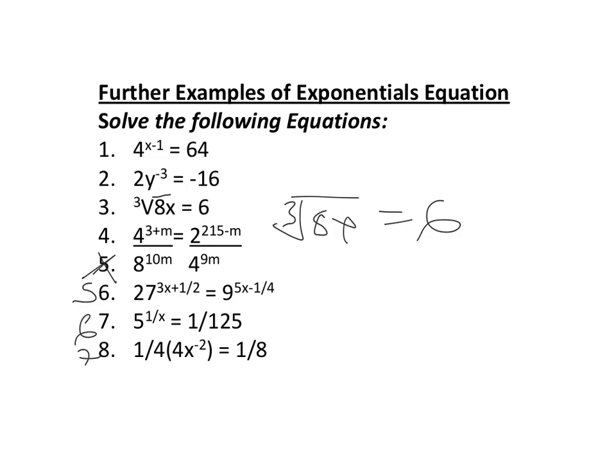So number 5, 27 raised to power 3x plus 1 over 2 is equal to 9 raised to power 5x minus 1 over 4. Number 6, 5 raised to power 1 over x is equal to 1 over 125. And number 7, 1 over 4 brackets 4 raised to power x, 4x raised to power minus 2 is equal to 1 over 8. So we'll solve these questions one after the other.